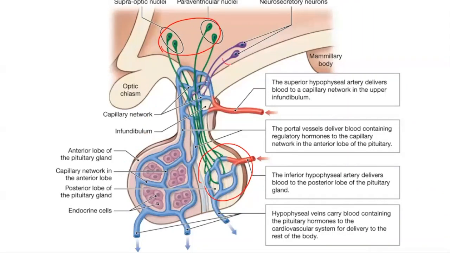There are neurons stemming from the hypothalamus, but these release the regulating hormones near the capillary bed at the top, near the infundibulum. And the regulating hormones travel down through the anterior pituitary through the blood vessels. Once they arrive there, they either stimulate or inhibit the production of trophic factors by the endocrine cells.